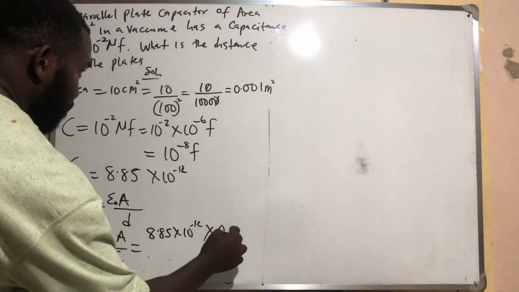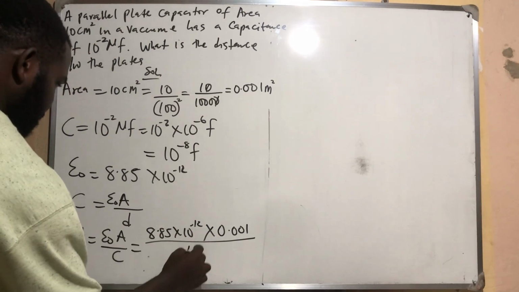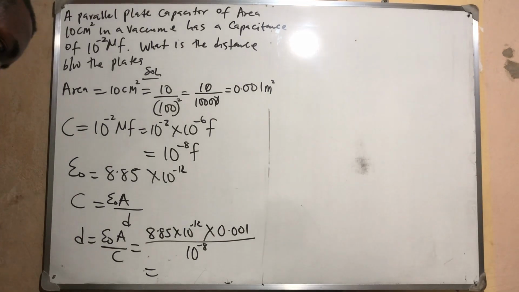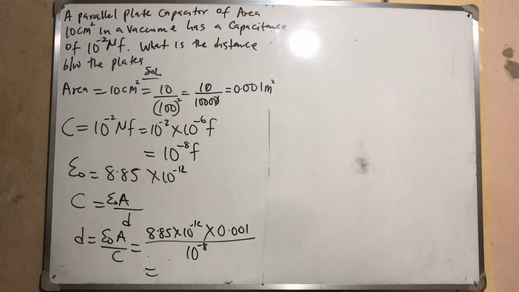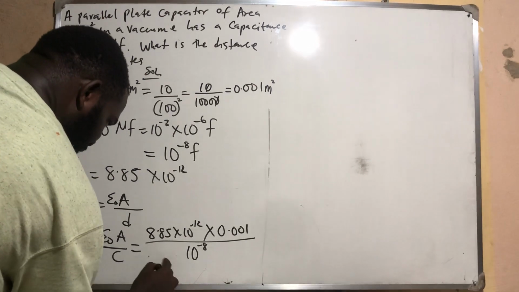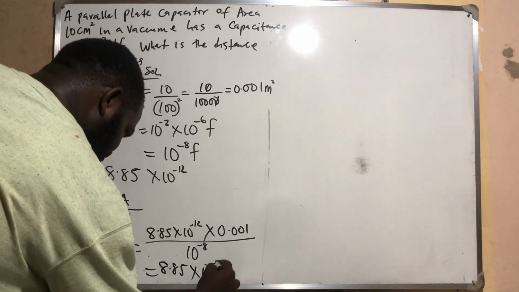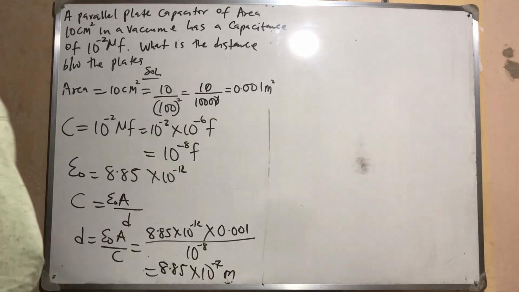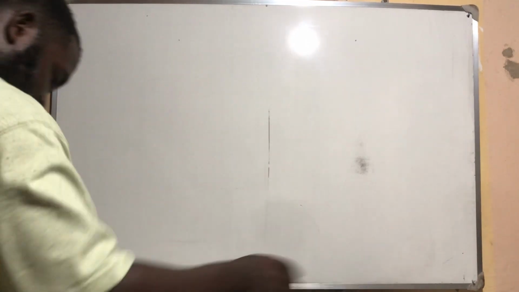My area is 0.001. Then divided by my C. My C is 10 raised power minus 8. So if you divide that, you will have approximately 8.85 times 10 raised to power minus 7 meters. So that is the distance separating them. So this is a very simple question. So we move to the next question.